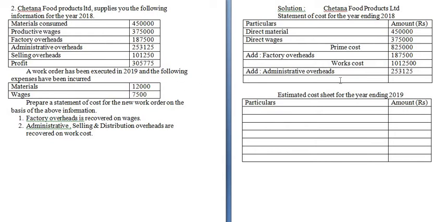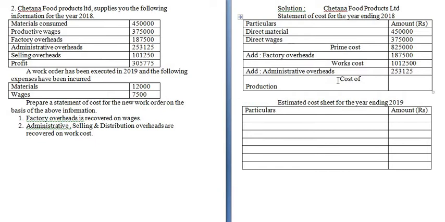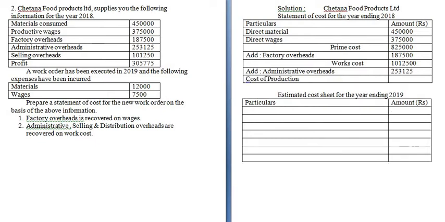Make a total. That total is called cost of production. Just check the total: 12,65,625.